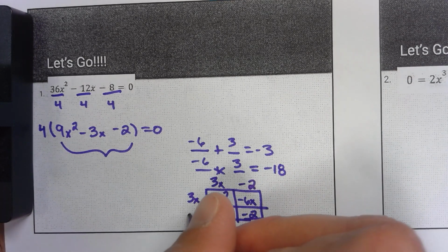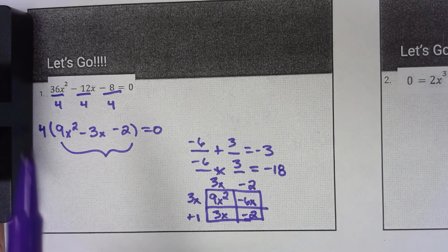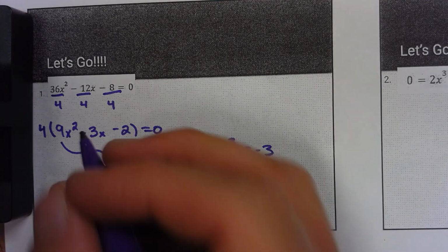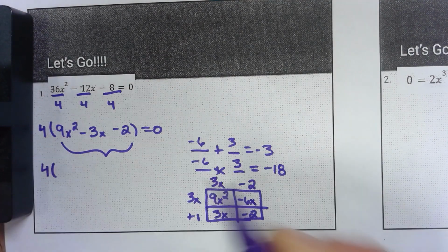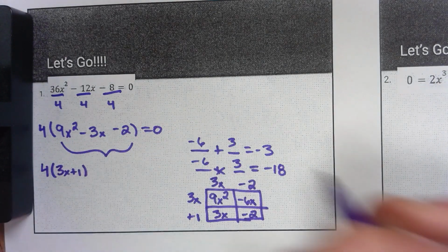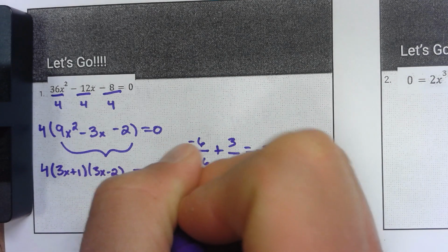And 3x times +1 is 3x. And 1 times -2 is -2. So we've taken this original equation and factored it to be 4 times these two factors we just found: 3x plus 1 and 3x minus 2, and it's all equal to 0.